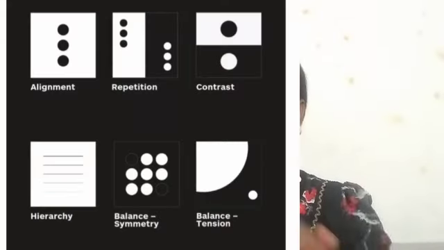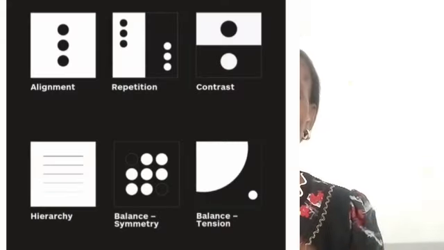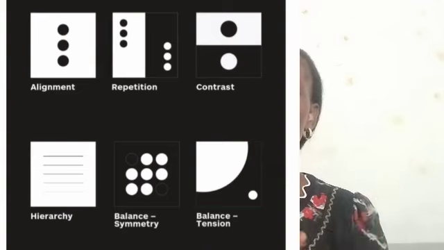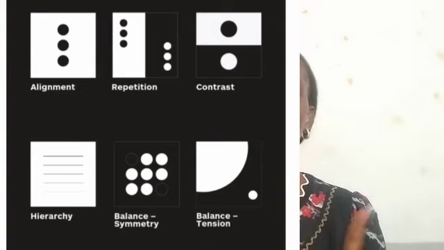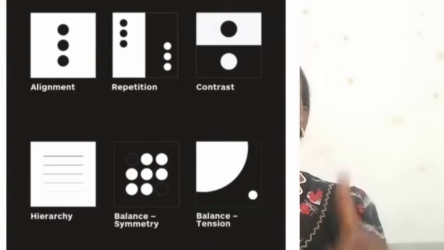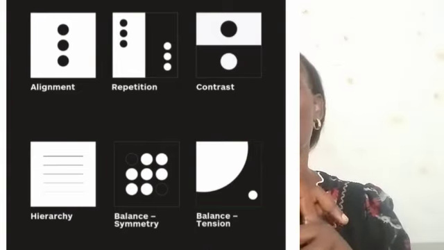Just like you can see on the screen, you can see all the 5 basic principles of design. So let's mention them together. The first one is alignment. The second one is what? Repetition. The third one is what? Contrast. The fourth one, as we can see, is what?